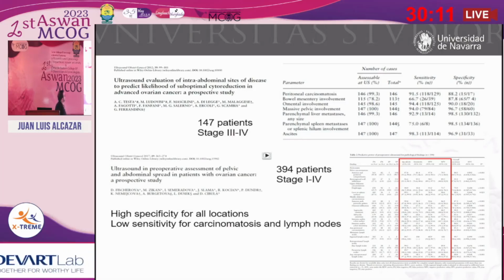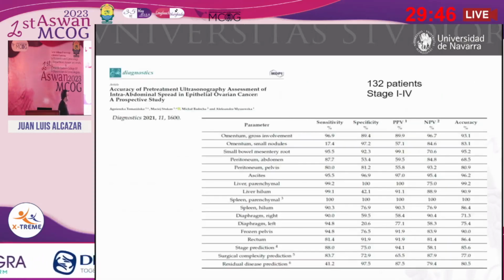So two reports here, in 143 patients, and this one from Fischerova, almost 400 patients, make clear that ultrasound is very specific to detect disease, but it has a low sensitivity to detect miliary carcinomatosis and to detect lymph node disease. This more recent paper in 2021 from a Polish group, 132 patients, reached similar conclusions.